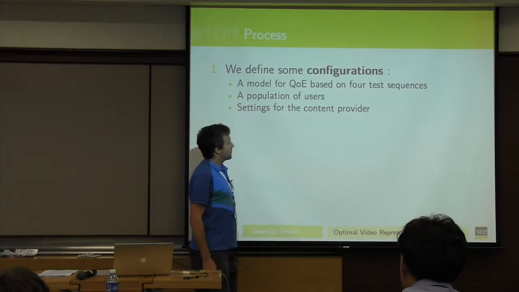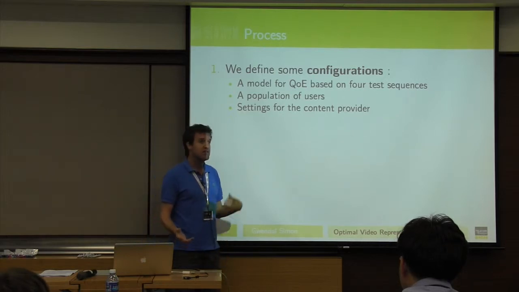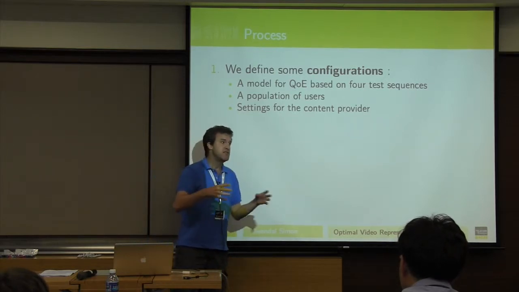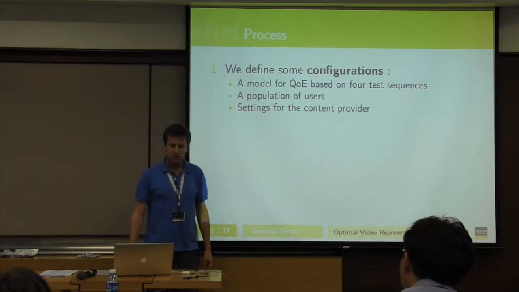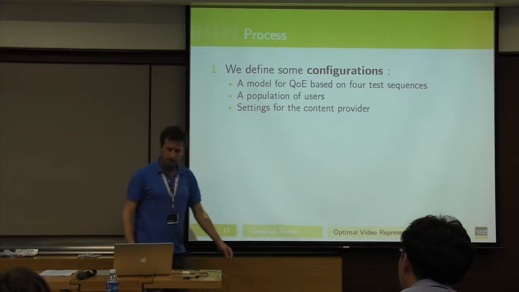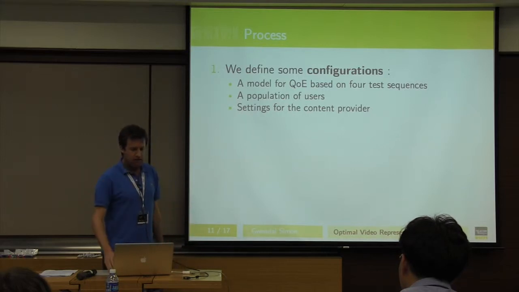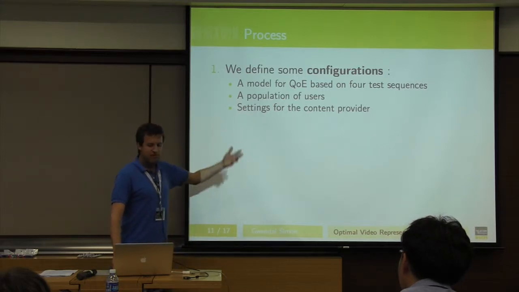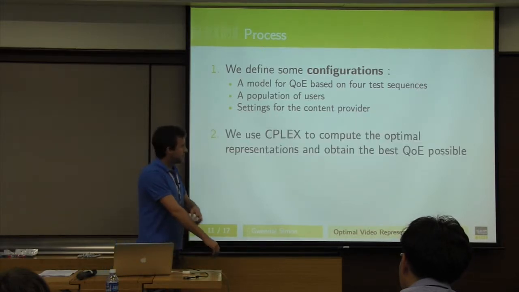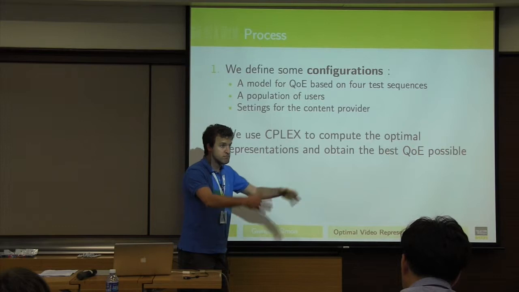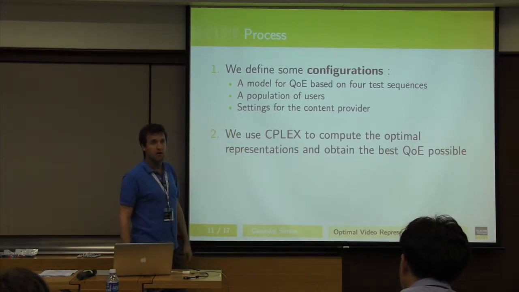And we have a population of users, so we also have to decide what is the size of their screen display, what is their bandwidth. Of course you can also change that if you are in a country with better or lower quality networks. And we also had to define some settings, but it's basically just settings. Then we use CPLEX to compute from this set of data.